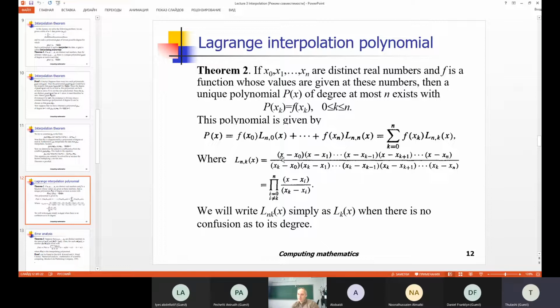And here we should use xk minus x0, xk minus x1, and so on, xk minus x(k minus 1). Then we skip the point k and continue xk minus x(k plus 1), and so on, xk minus xn.